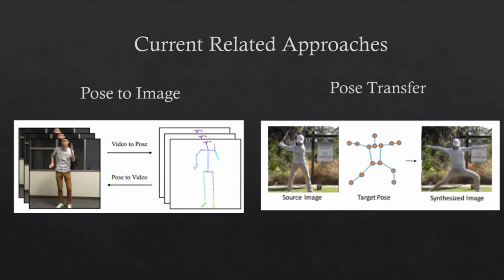There are two related approaches to video retargeting that the MetaPix method takes inspiration from. The first is pose to image, where the input is a rendering of body joints and the output is an RGB image.